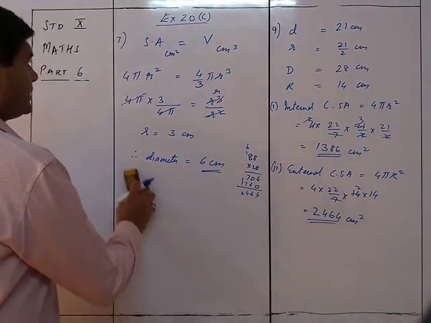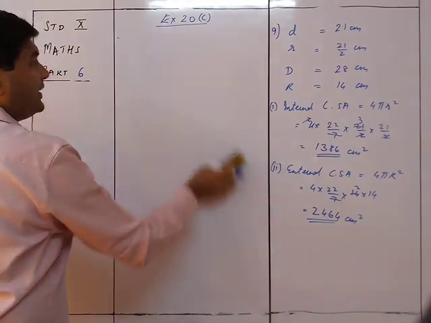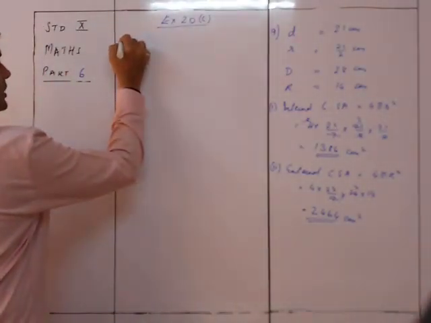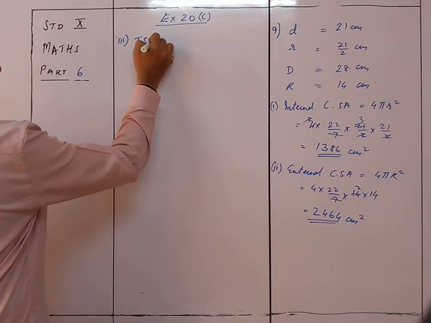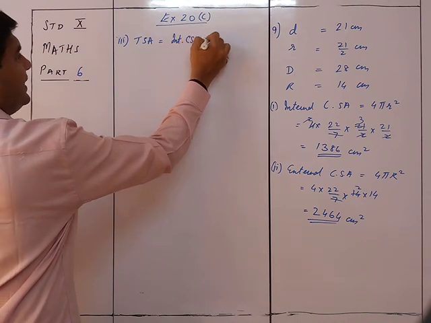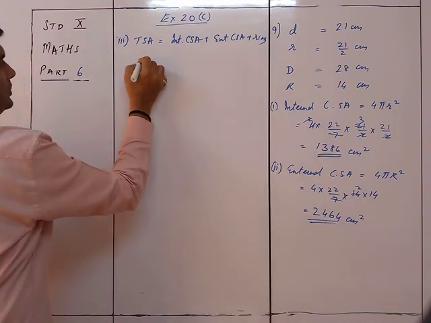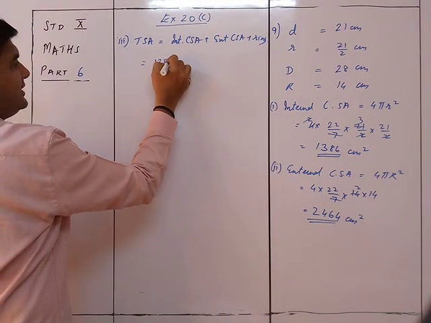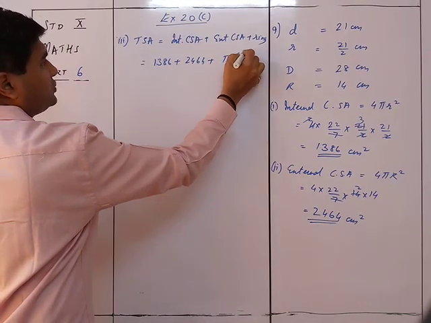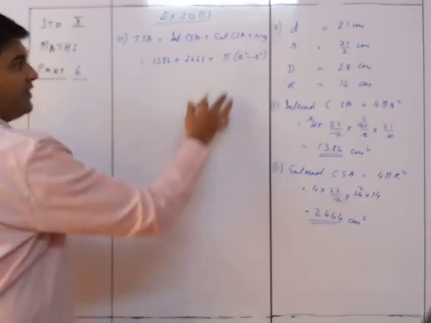Now we talk about the total surface area. What is the additional thing in the total surface area? The ring. So the third part, TSA is equal to internal CSA plus external CSA plus ring. That will be 1386 plus 2464 plus pi into R square minus r square. We can find this value separately.